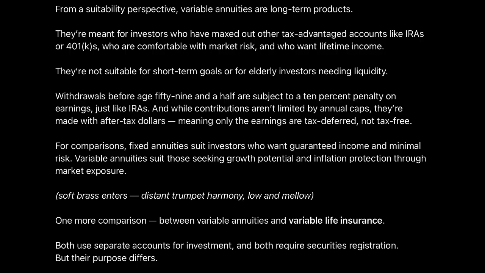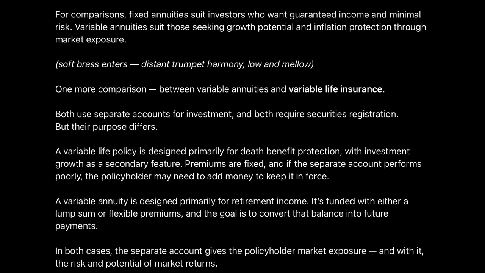And while contributions aren't limited by annual caps, they're made with after tax dollars, meaning only the earnings are tax deferred, not tax free. For comparisons, fixed annuities suit investors who want guaranteed income and minimal risk. Variable annuities suit those seeking growth potential and inflation protection through market exposure.